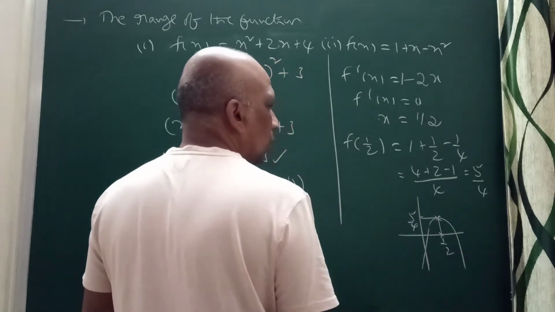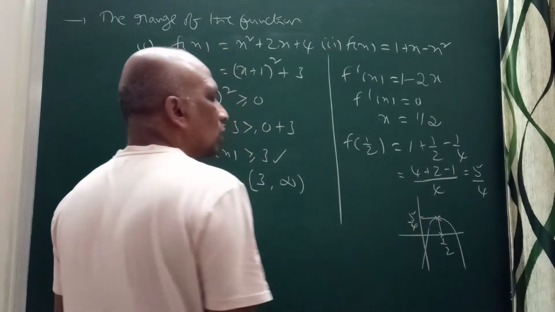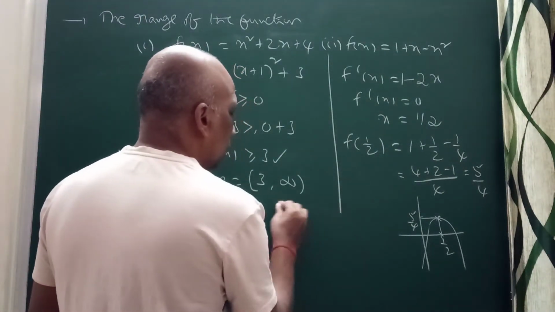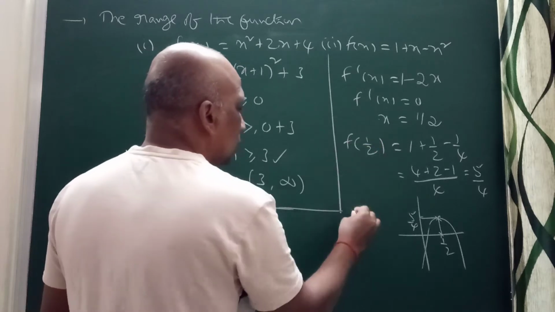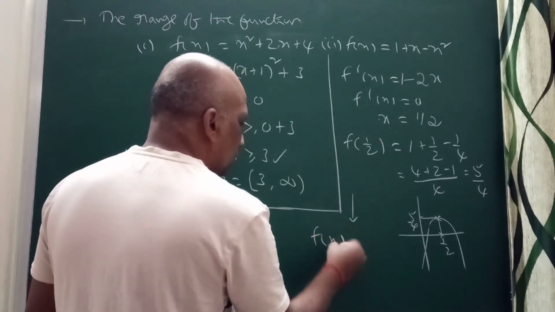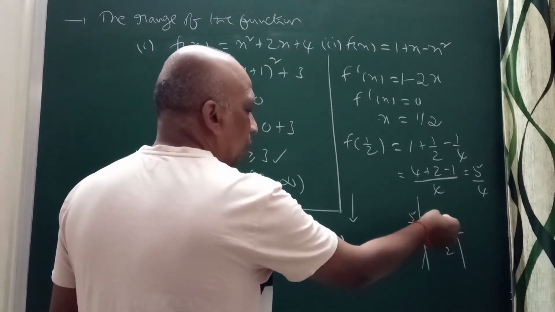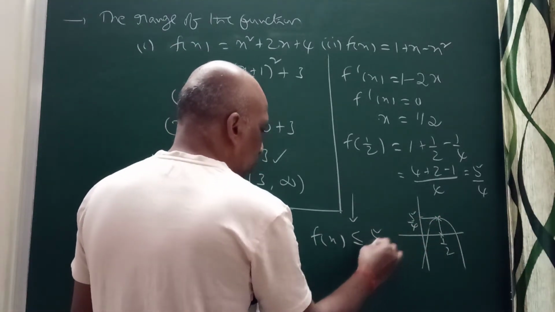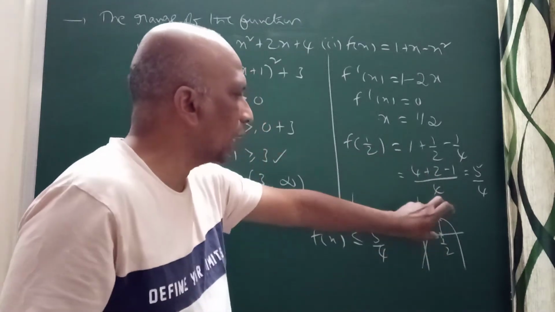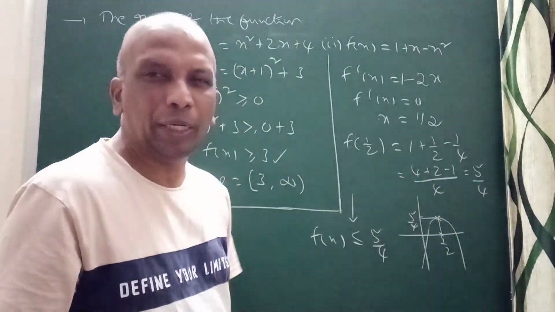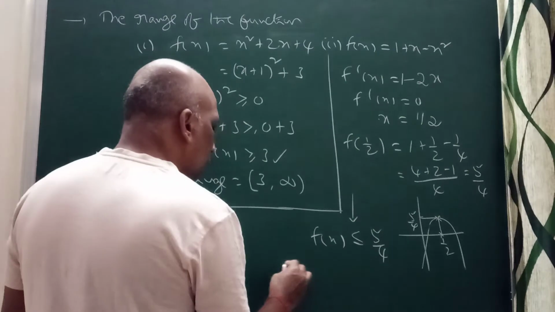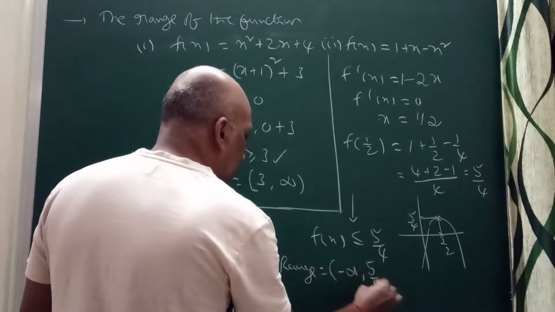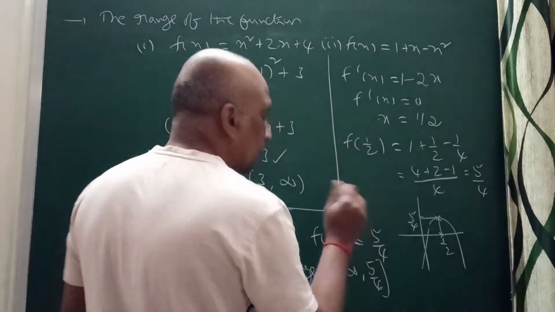So the value of the function will be less than this. You will get the value less than or equal to 5 by 4, going on decreasing. The maximum value of the function is 5 by 4 at 1 by 2. So I can decide now the range is minus infinity to 5 by 4, including 5 by 4. This will be the range here.